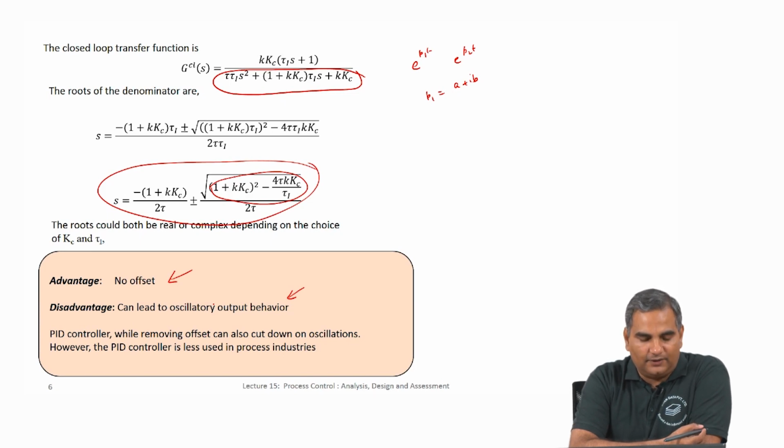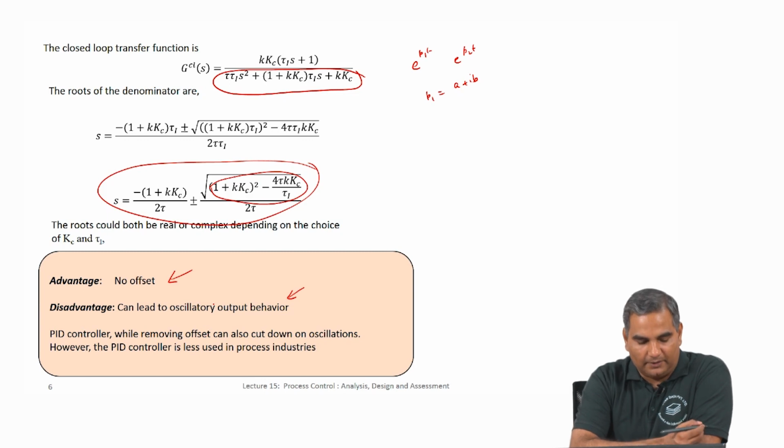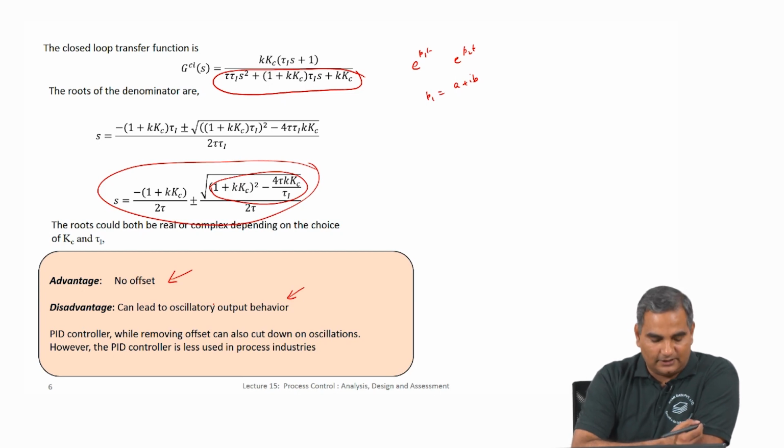But in cases where you cannot tolerate an offset, so for example, if it is related to quality, let us say you want to produce a certain product of a certain level of purity, in that case you might not be able to afford offset in quality parameters. So, in those cases you would really ensure that you introduce a PI controller and you will tune it in such a way that the oscillations are minimum.